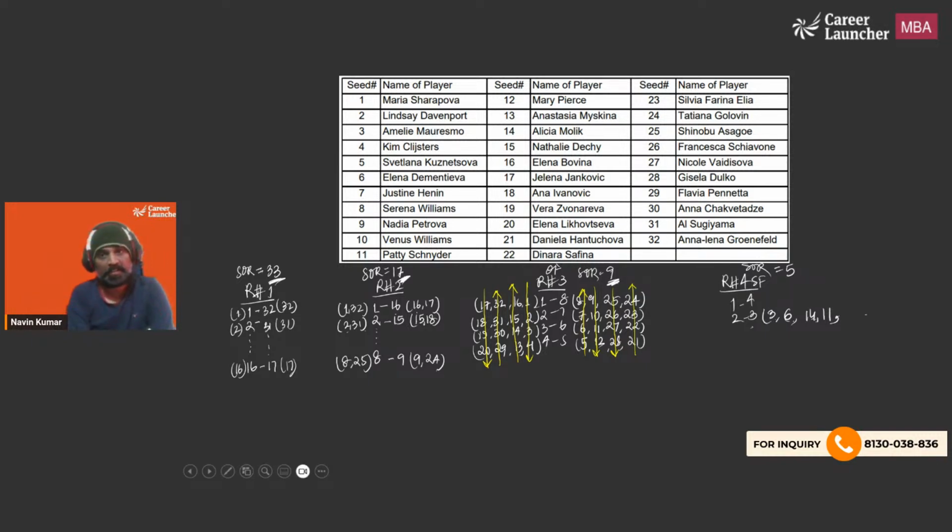It says 33 now. So 3 plus 30 is 33, 6 plus 27 is 33, 14 plus 19 is 33, and 11 plus 22 is 33. So 33 is also made. Done. So these are the 8 seeds who can be at this position in the semi-finals in this given example.